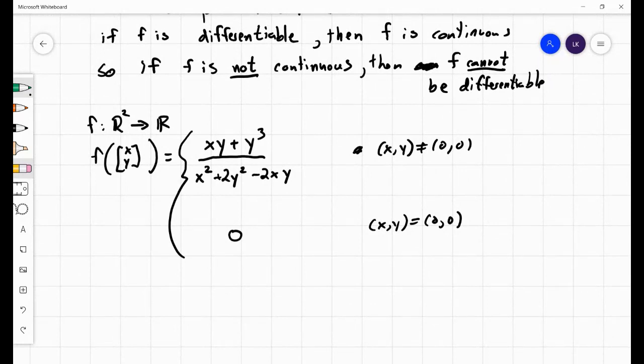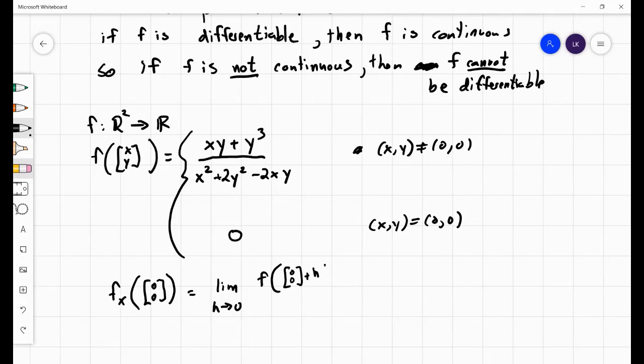All right. So do the partial derivatives exist at the origin? Well, let's just use the definition. The partial derivative of f at the origin with respect to x is a limit as h goes to 0, and here we're going to evaluate the function at (0, 0) plus (h, 0).